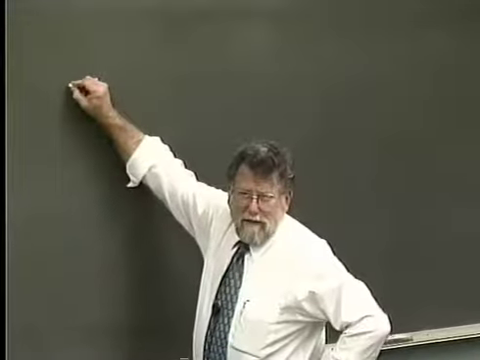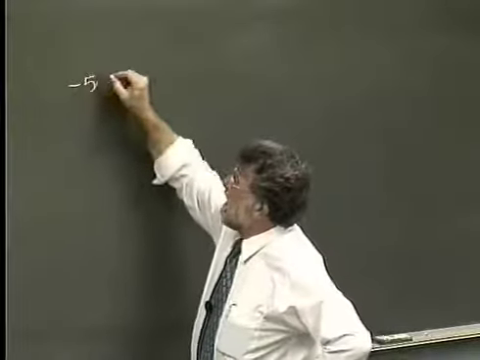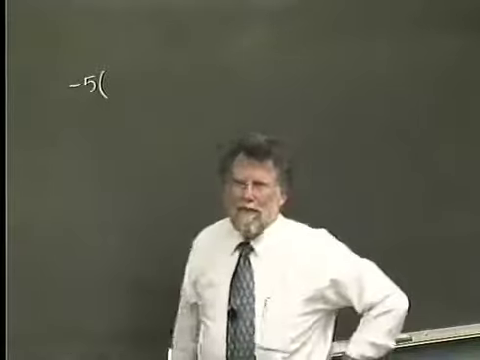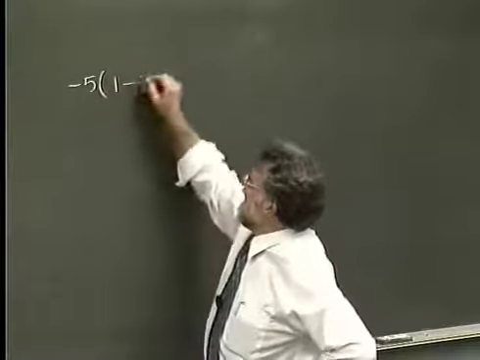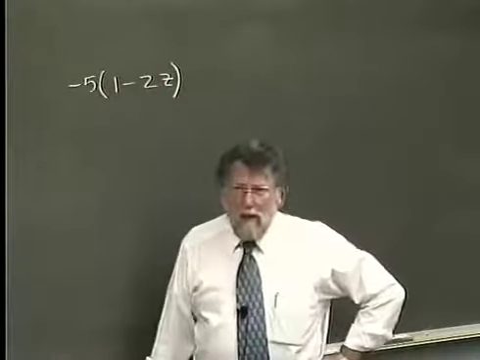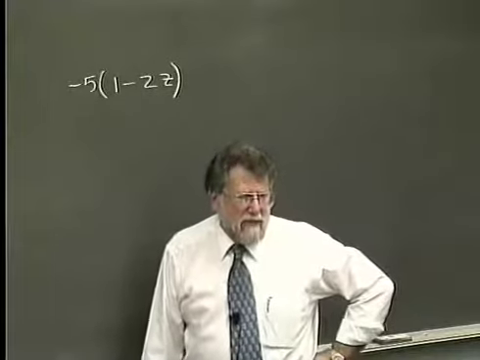Okay, Pamela. Oh, boy. Read to me what was there. Number 40. -5 times the sum of 1, or I'm sorry, the difference of 1, 1 minus 2z. But notice, that wasn't so easy. Do you just say 1 minus 2z, or do you say the difference of 1 and 2z?